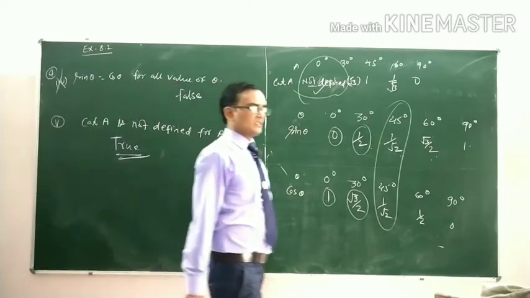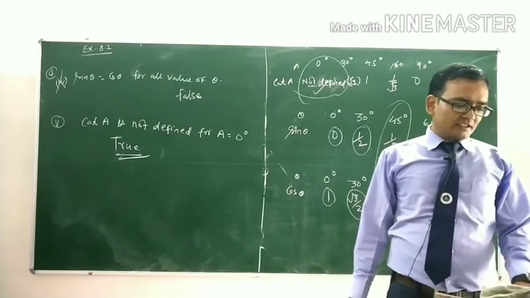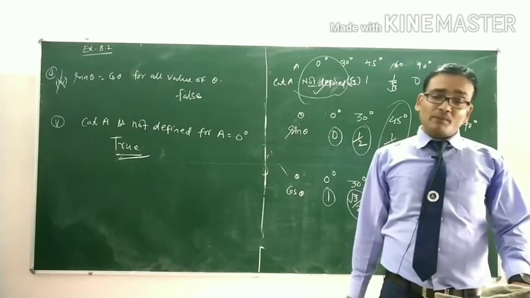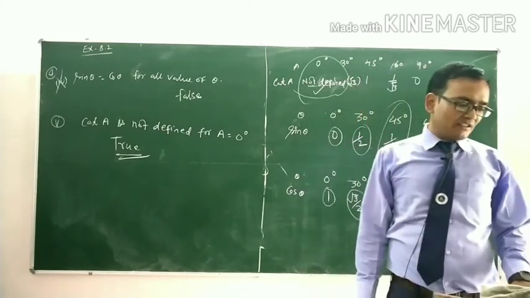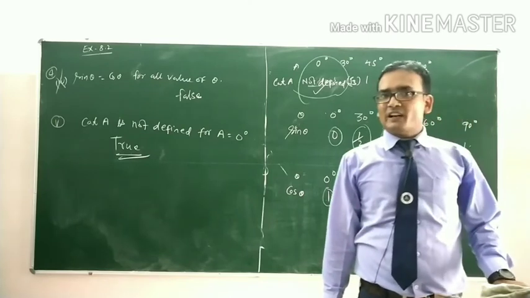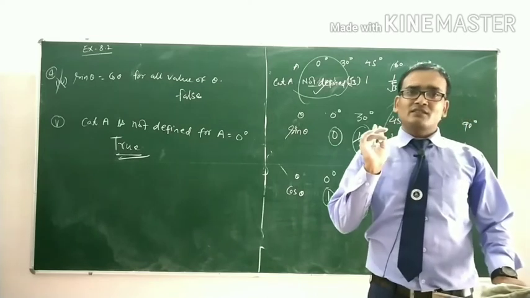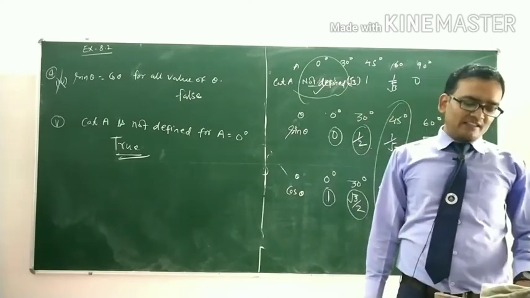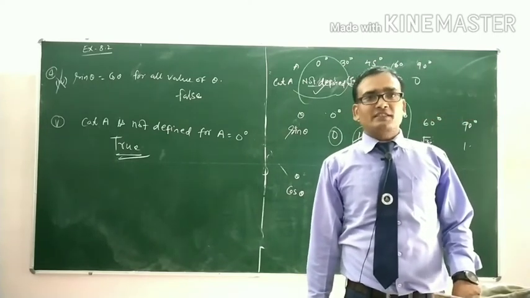Finally, statement first is false and statement second is true. That means the value of sin theta increases as theta increases. Statement third, the value of cos theta increases as theta increases, is false. Fourth, sin theta equal to cos theta for all values of theta, is false.